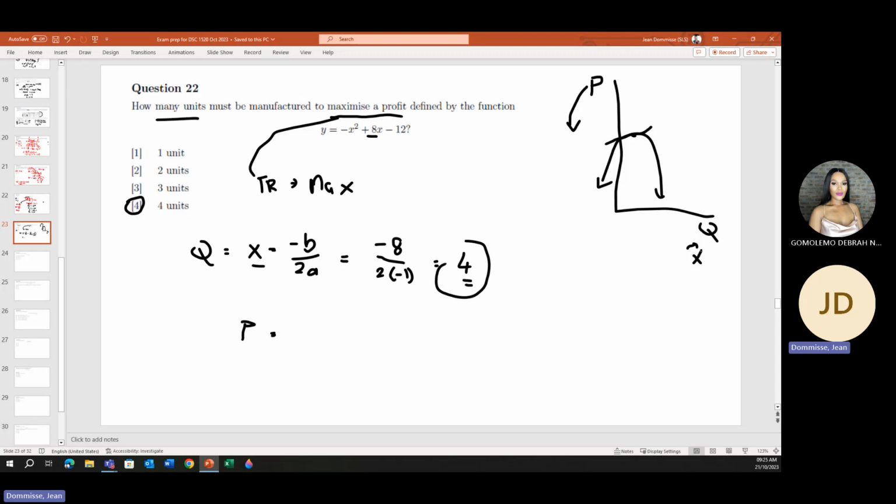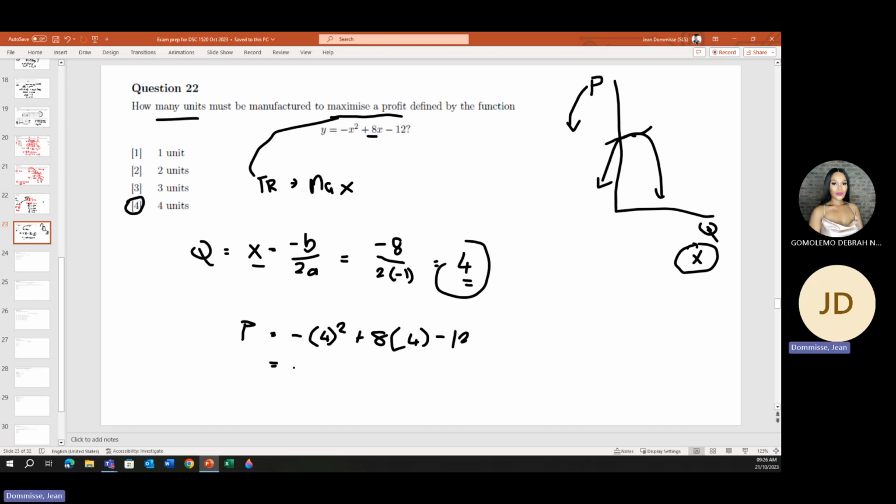So units is actually the X value because that is quantity. So with quantity, you were able to work out the units. But if I want to ask you what the price is of that 4 units, just put it back into the original formula to get the pricing.